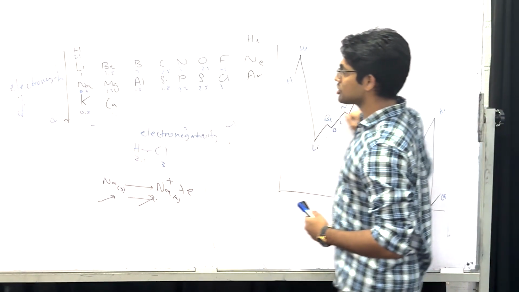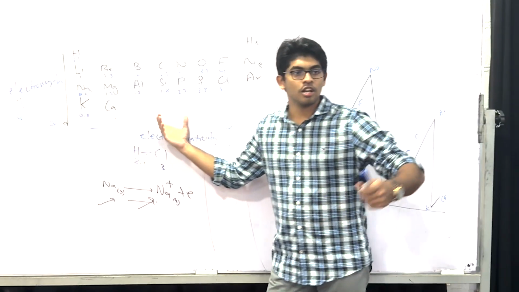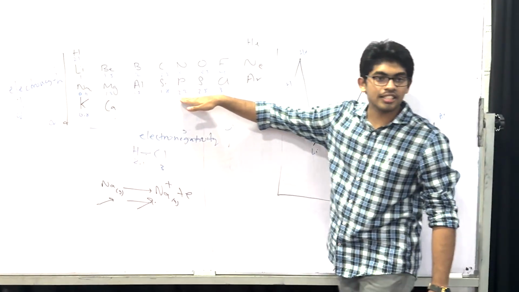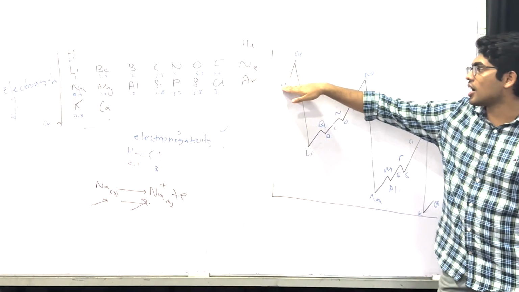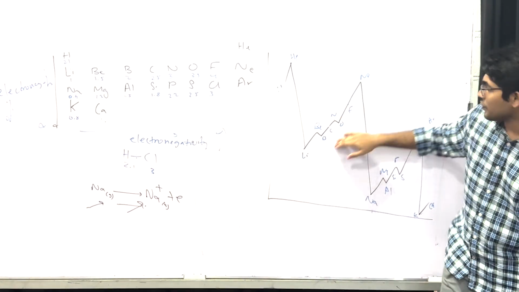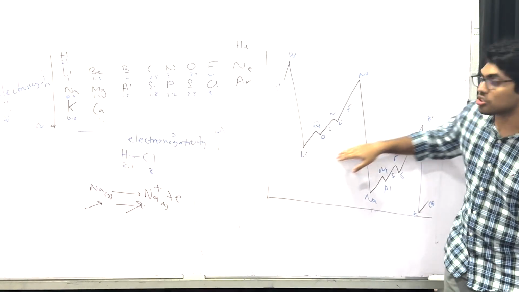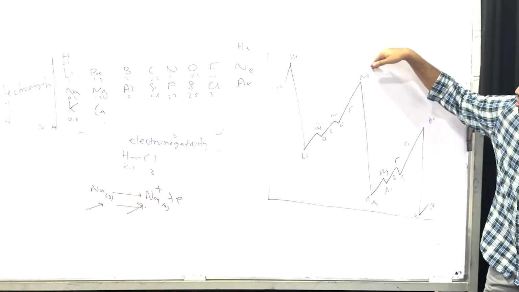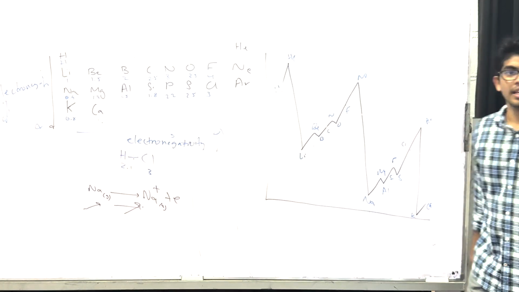But when going across the period, we can see the ionization energy is increasing. Is that clear to you? Hydrogen to helium and lithium to neon, the ionization energy is increasing.